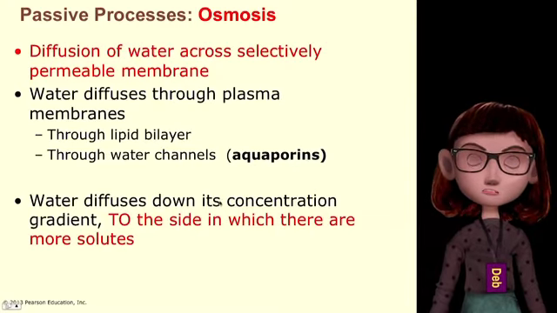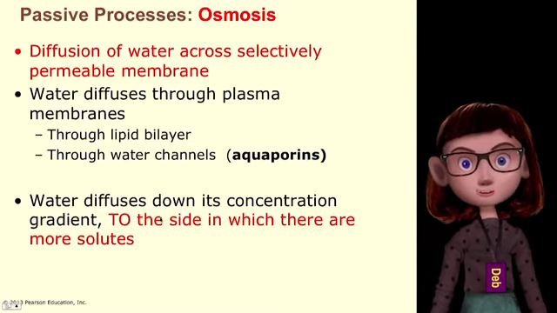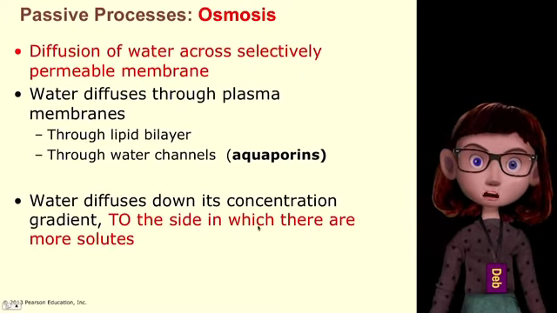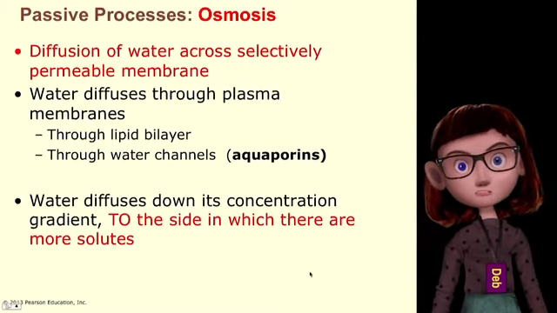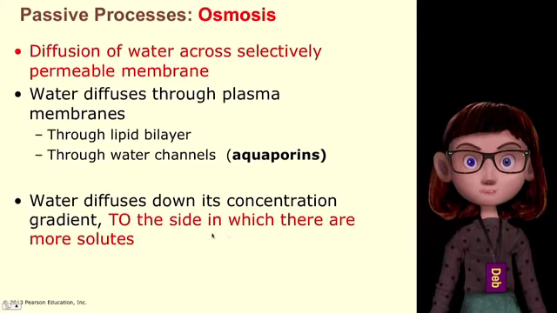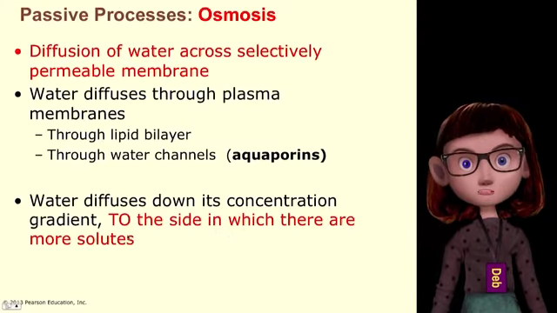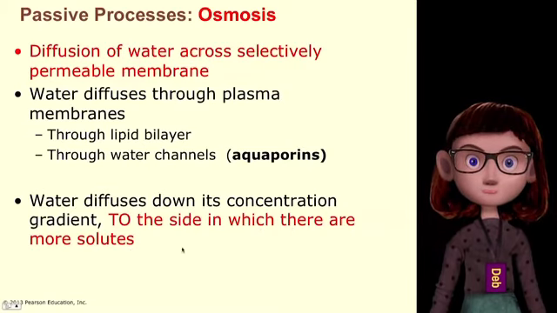Water will diffuse down its concentration gradient to the side in which there are more solutes. So I like to remember this phrase. It goes to the side in which there are more solutes.